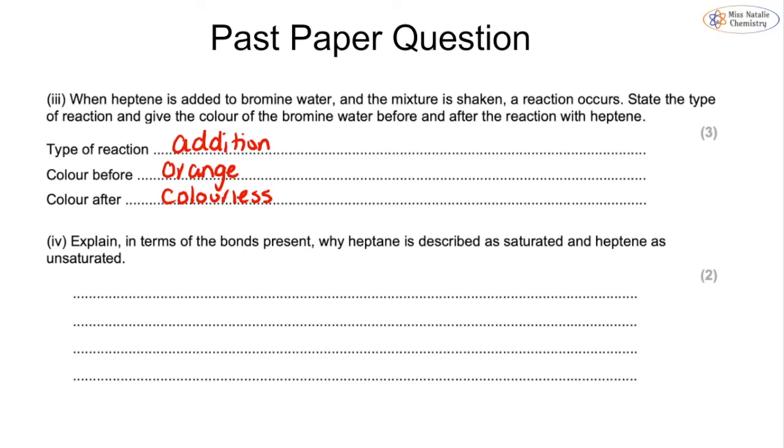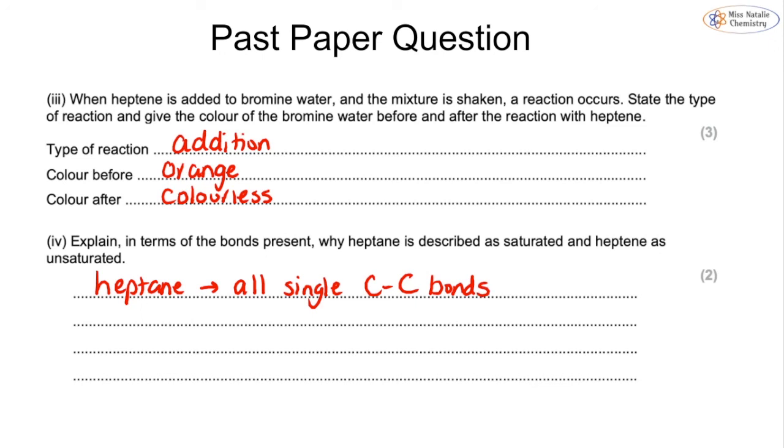And then part 4, explain in terms of the bond present why heptane is saturated and heptene is unsaturated. So the heptane has all single carbon-to-carbon bonds.